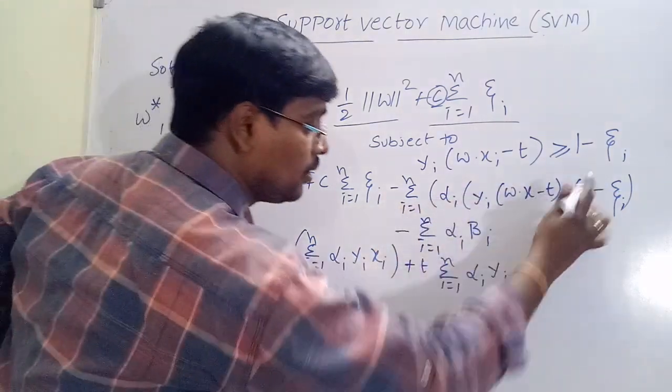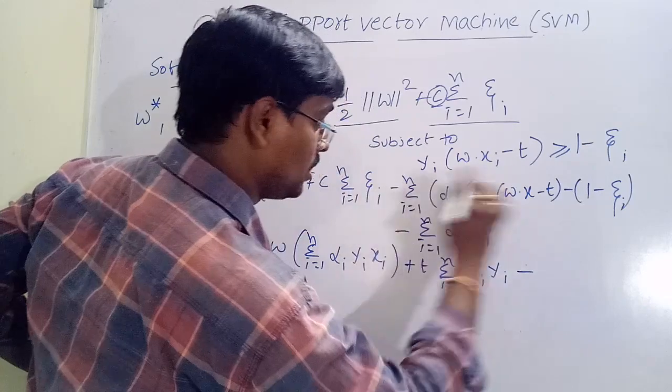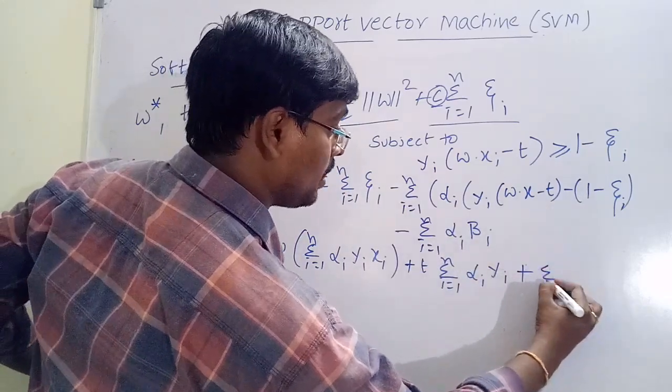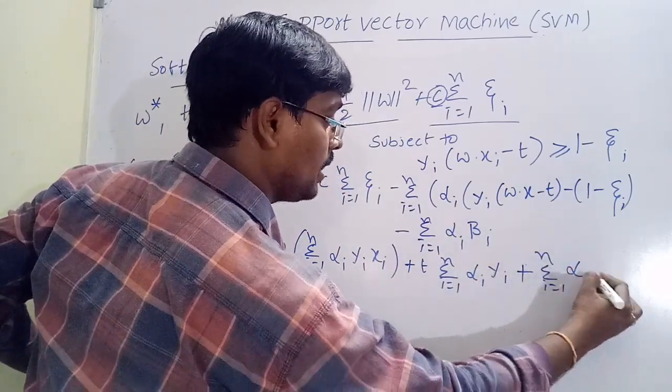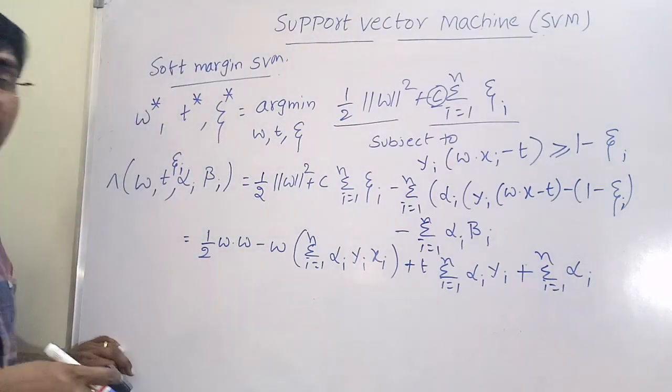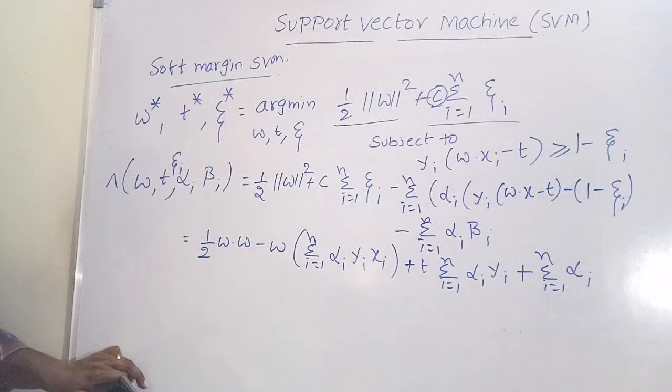So alpha i into this one, plus sigma i equals 1 to n alpha i.